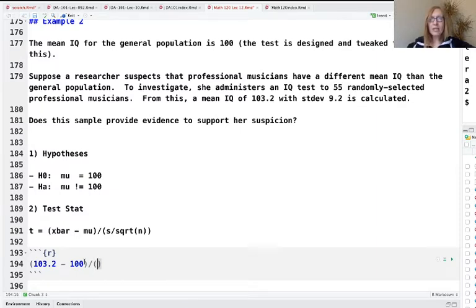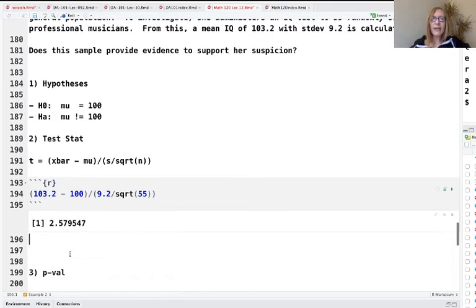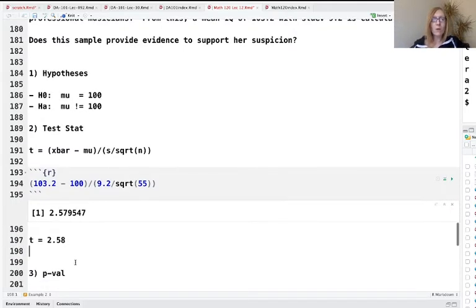Standard deviation is 9.2, and our sample size on this one is 55. So we've got a test statistic here of 2.579, but let's say t equals 2.58.